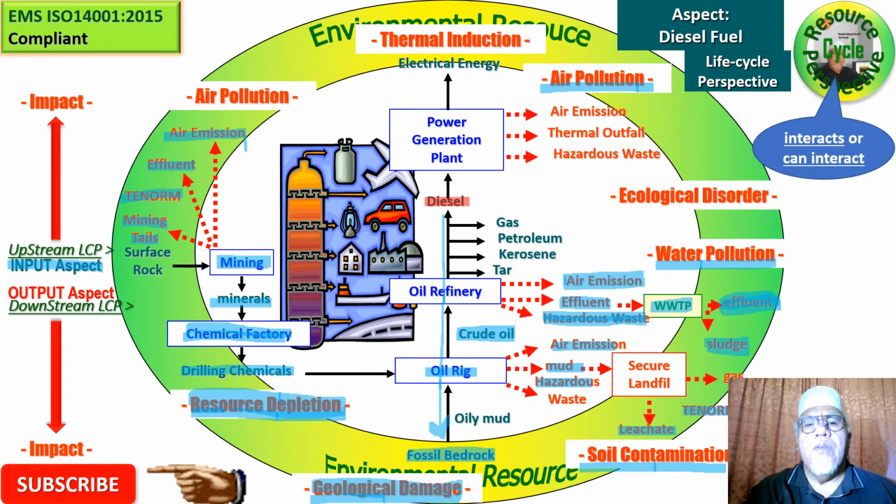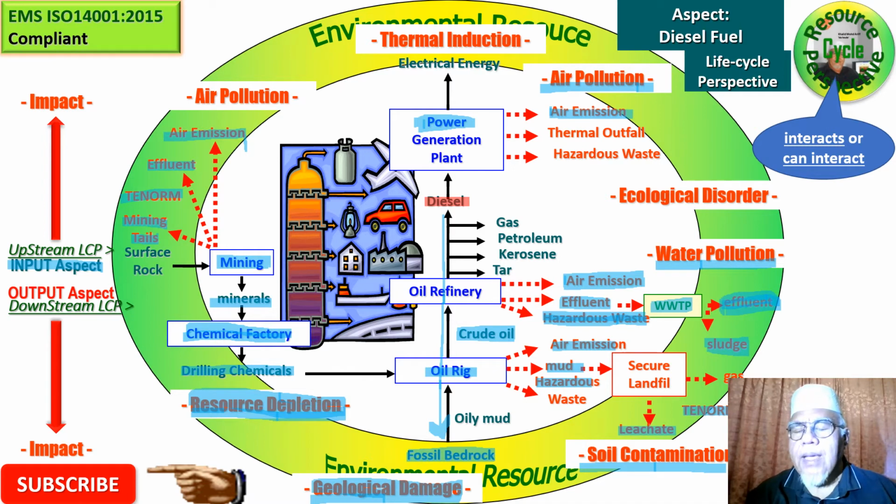And downstream, you have got the use of diesel in a power generation plant. What do we get here? Look, the power generation plant that uses diesel has got what? Boiler. They've got a burner to burn the boiler, and to boil water in the boiler to produce steam, and steam is produced to turn turbines, and this combustion of the boiler furnace causes the emission of another environmental aspect, which is air pollution.